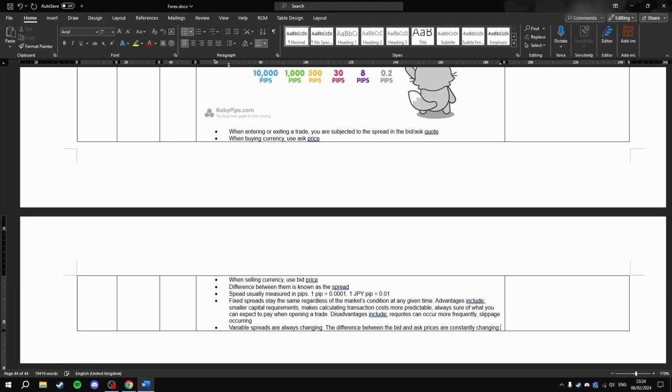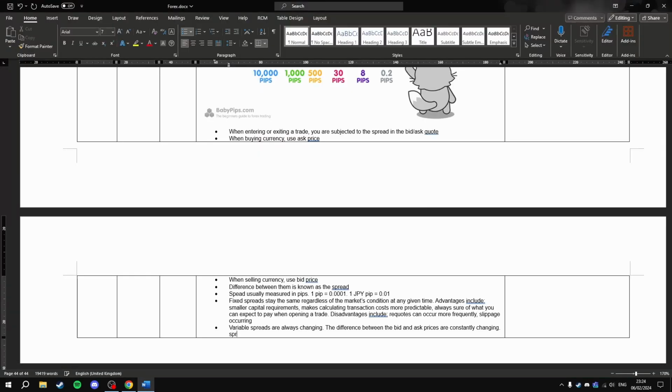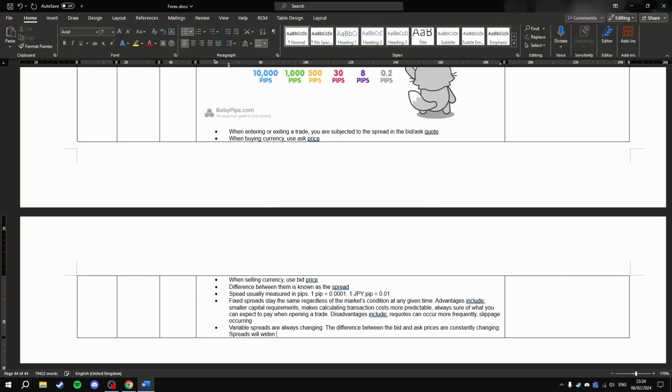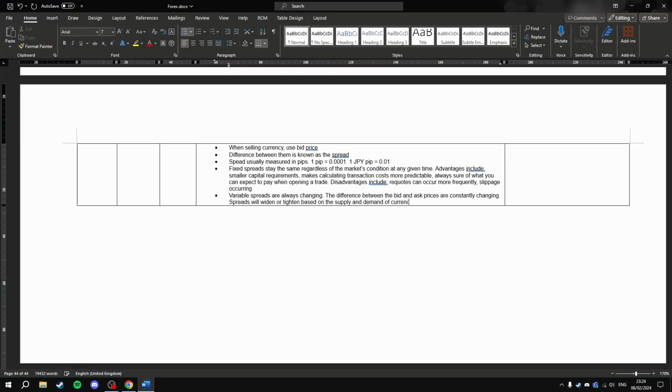So, spreads will widen or tighten based on the supply and demand of currencies and overall market liquidity.